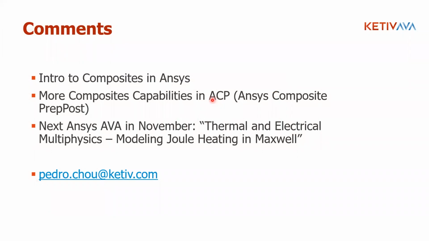In a situation like that, you might want to explore using Ansys Composite PrepPost, ACP, which allows you to do draping, apply drop-off, and a lot more things. And automatically ACP will define all the ply orientations for you in Ansys.